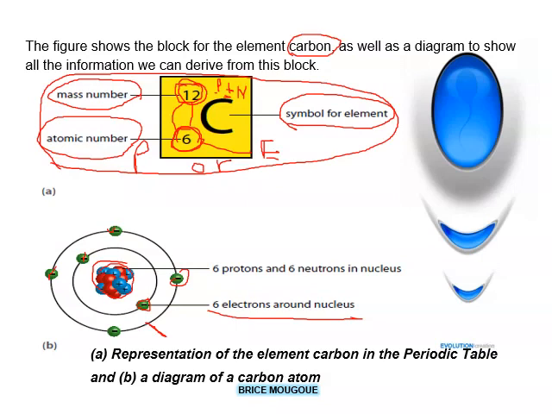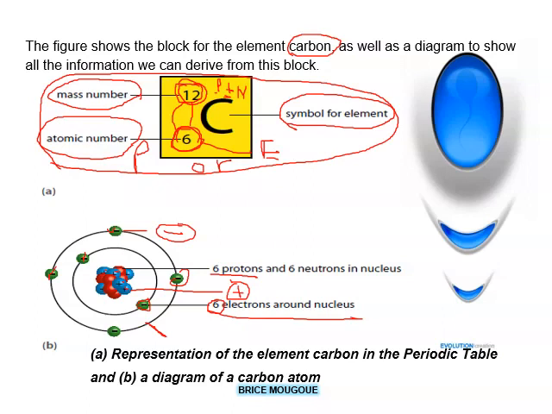Now, when we look at the nucleus, we will see there are 6 protons. Protons are positively charged, electrons are negatively charged. In the nucleus, there are 6 protons in blue here to balance with 6 electrons.